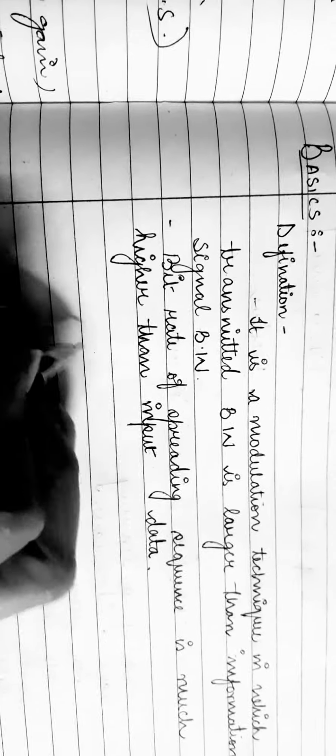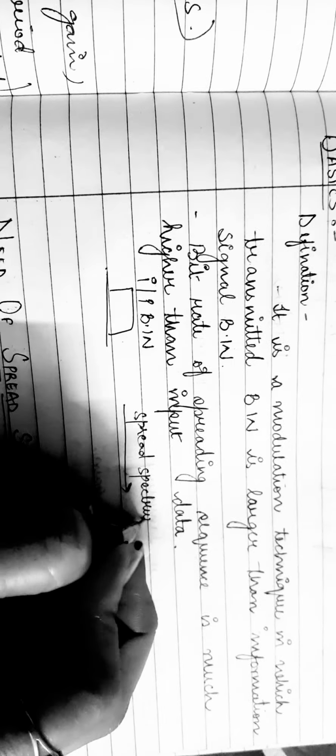So basically, suppose this is our input bandwidth. If it is passed through spread spectrum, we'll get that the spectrum bandwidth will increase.